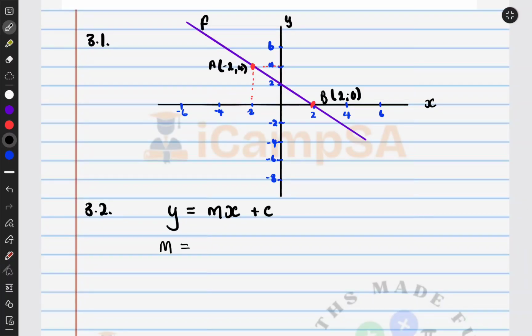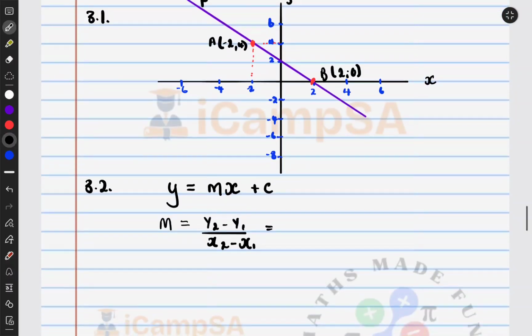M is equal to y2 minus y1 over x2 minus x1, but here it's going to be ya minus yb, or yb minus ya, over xb minus xa. So just make sure that those two correspond. If you started with the y value of b on the numerator, also start with the x value of b on the denominator. Okay, so let's go ahead and do that.